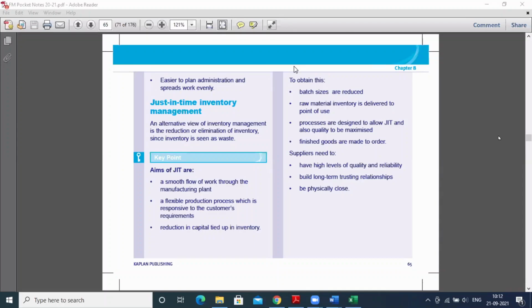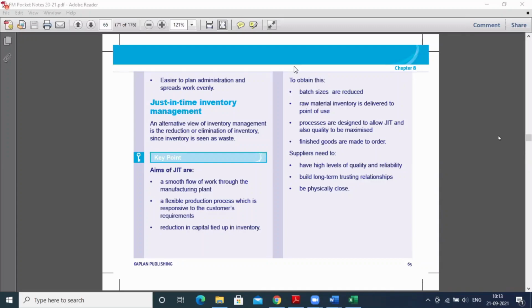So, it means as per the concept of just in time, always they try to focus on minimizing the stock levels in the company. So the aim of just in time are a smooth flow of work through the manufacturing plant, a flexible production process which is response to the customer's requirement. It means as per the requirement of the customer, the manufacturing as well as the purchasing of stock will be done, and reduction in capital tied up in the inventory.